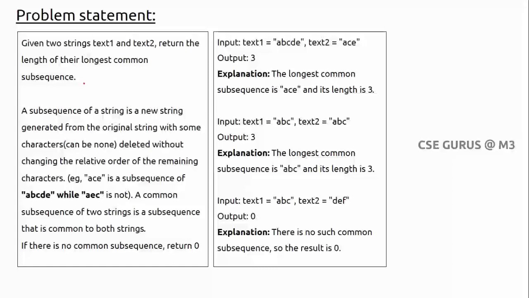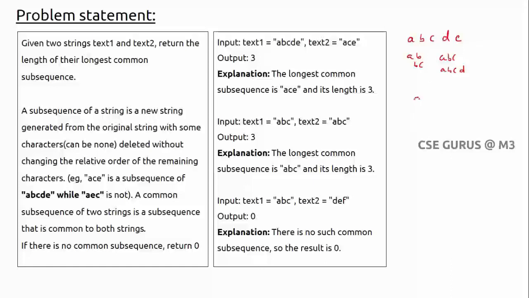First of all, we have to know the difference between substring and subsequence, right? Let us suppose I take A, B, C, D, E. Substring means, let us suppose, A, B or A, B, C, or A, B, C, D. All are substrings. Of course these are all subsequences too.